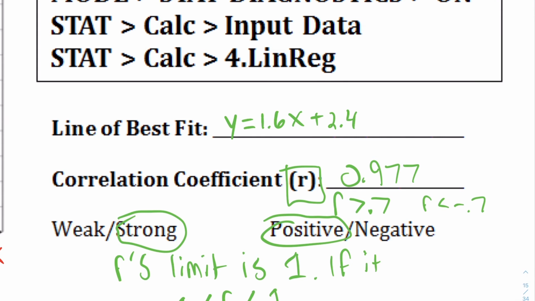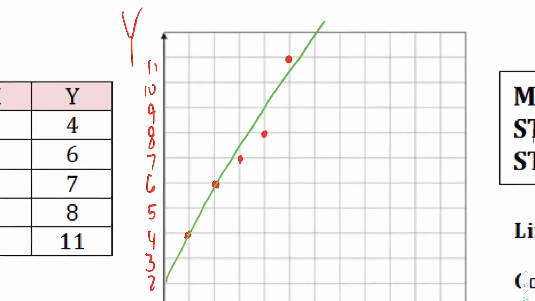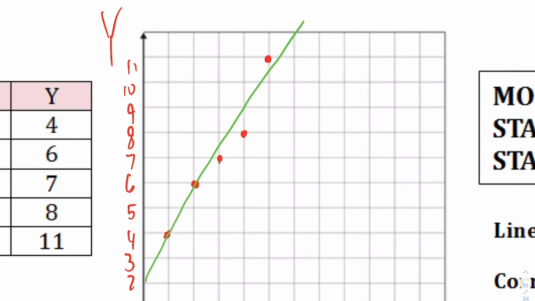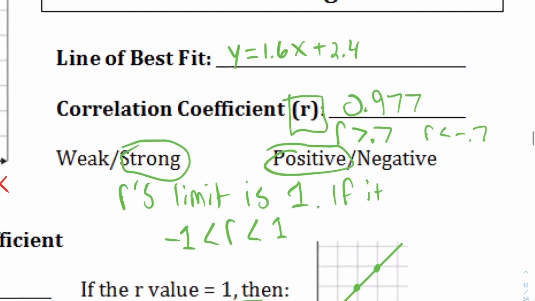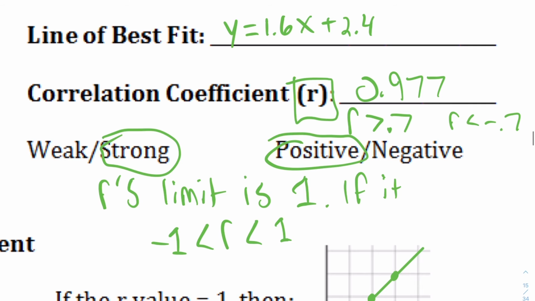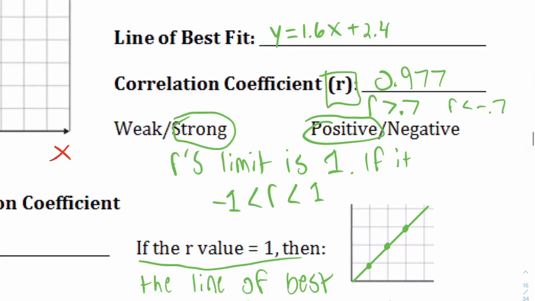So Desmos gave us the equation for that line that best matches your data, and it told you that on a scale from -1 to +1, with 1 being the best it can be, our line matches our data 0.977, which means it's pretty much perfect.